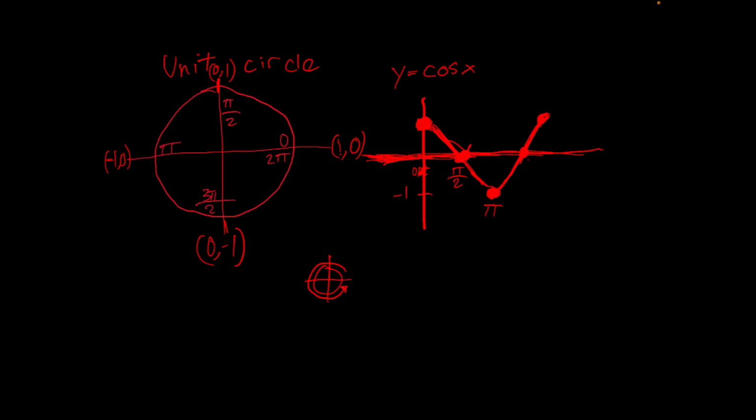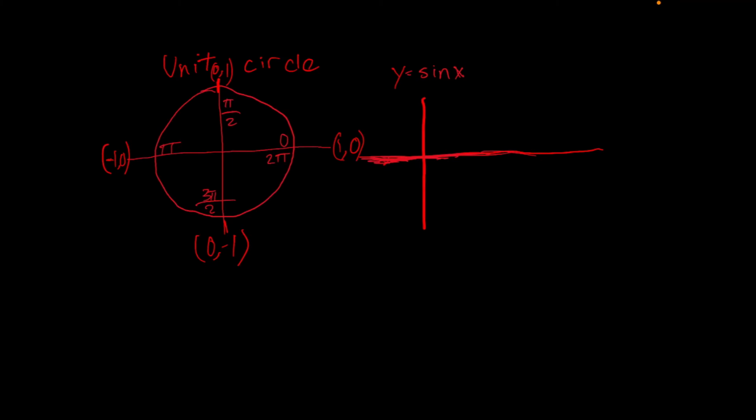And right here, we are at 3 pi over 2. And up here, because we just made an entire cycle, we're at 2 pi. We start at 0, pi over 2, pi, 3 pi over 2, and 2 pi.